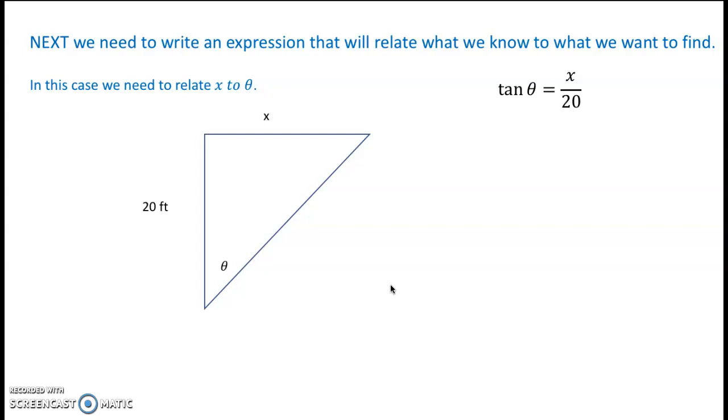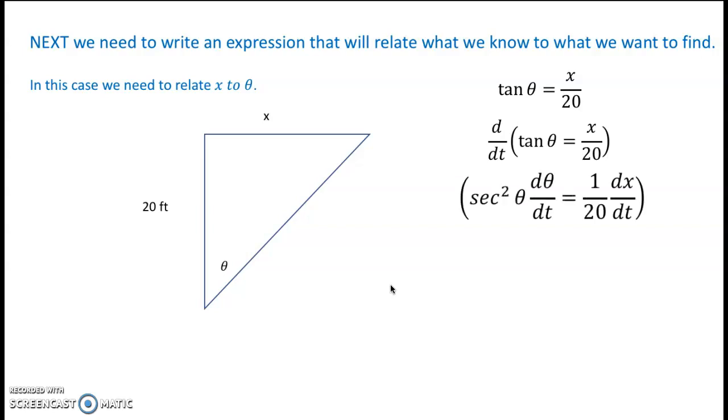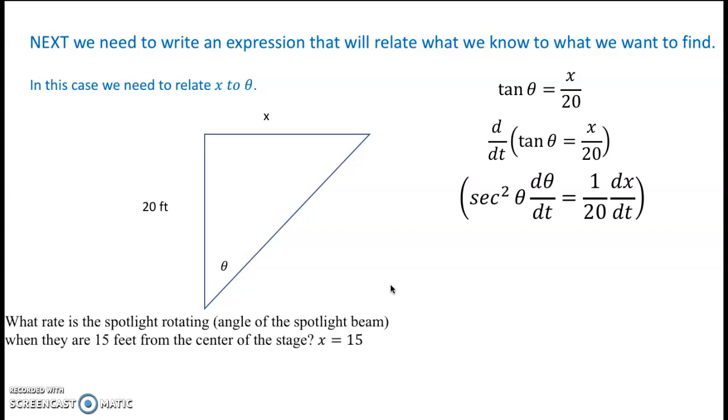Right, now I have a function that relates the two quantities. We take the derivative with respect to time. We use implicit differentiation to find the derivative of this expression. Next, we want to know at what rate the spotlight angle is rotating when they are 15 feet from the center of the stage, which is when x is equal to 15 feet.